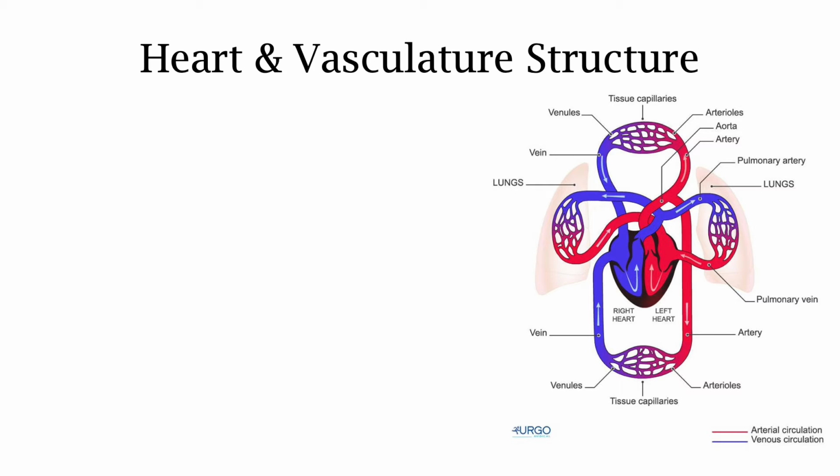And so then in circulation, we have two main circuits. We have this circuit in your body, in your extremities, in your abdomen, etc., that comes from the heart, that is oxygenated.